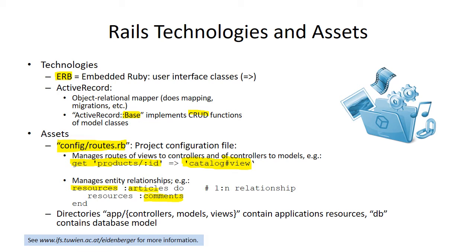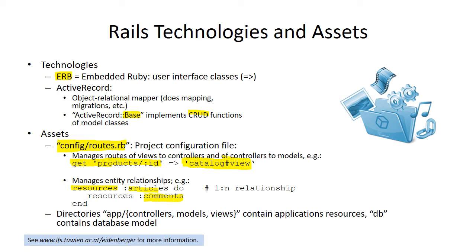We define that one article might have many comments, so a one-to-end relationship with this notation. Further things can be done with the roots.rb, but these are the two most important ones for you. You define one-to-end relationships and also M2N if you have, and you also define these roots for user events to machine responses.